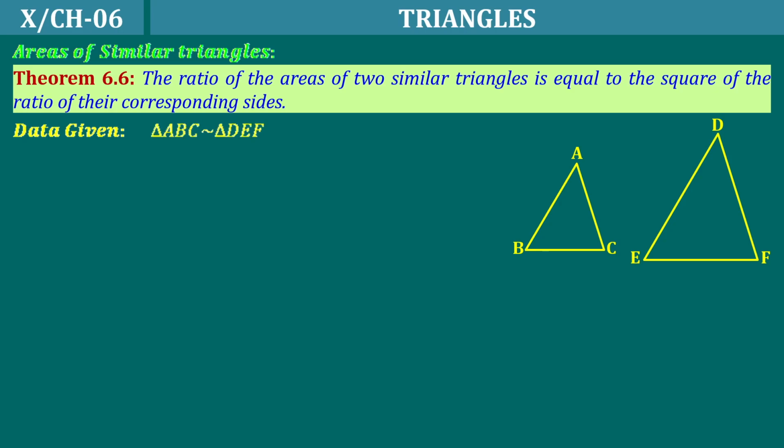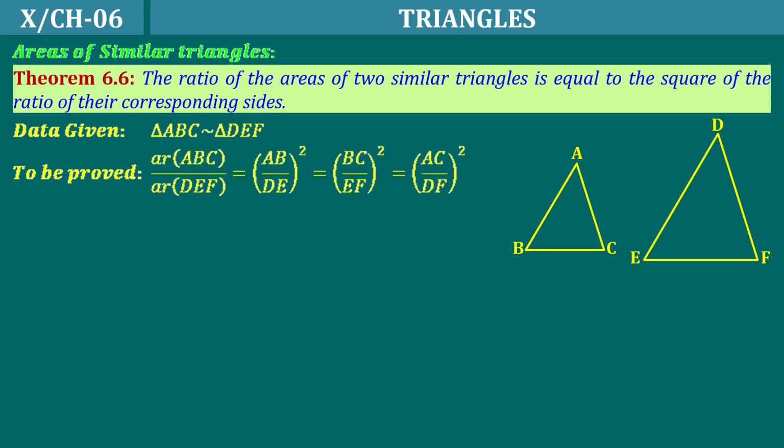And what we need to prove? We need to prove that the ratio of their areas is equal to any one of the ratios of their corresponding sides. That is, it can be either AB by DE whole square, or equal to BC by EF whole square, or equal to AC by DF whole square.